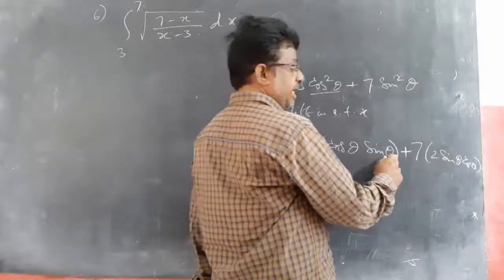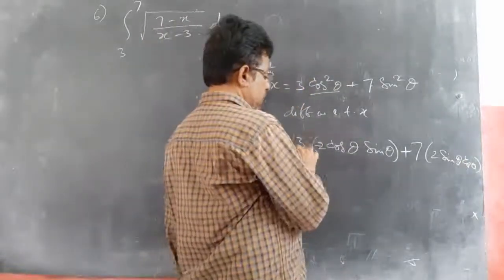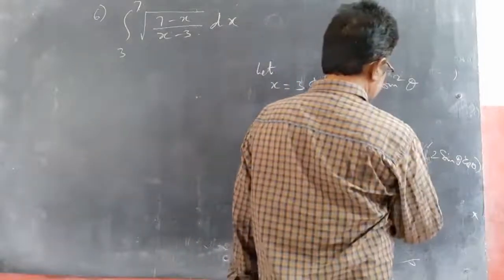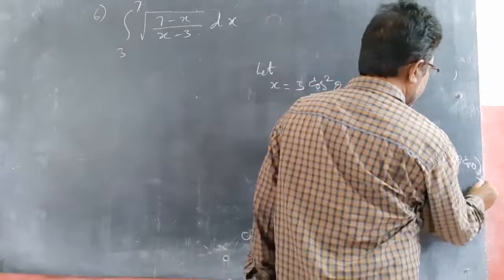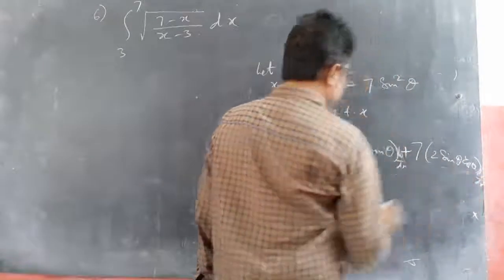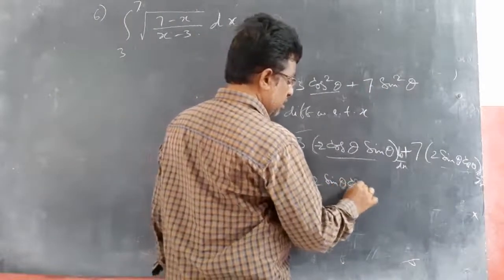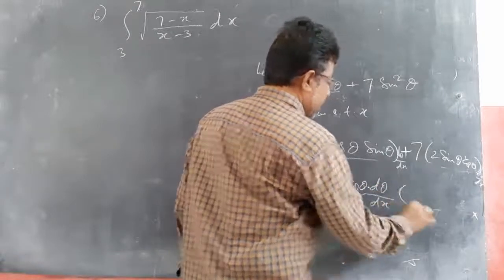Here d theta by dx is the inner derivative in both, so I take 2 sin theta cos theta into d theta by dx common.